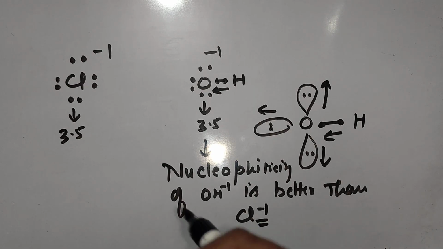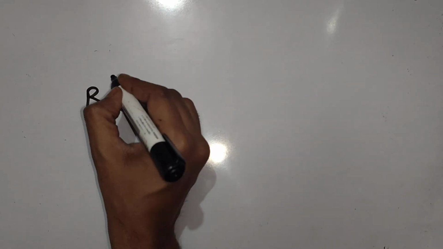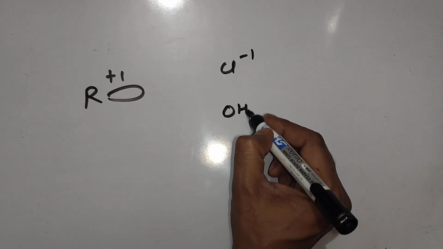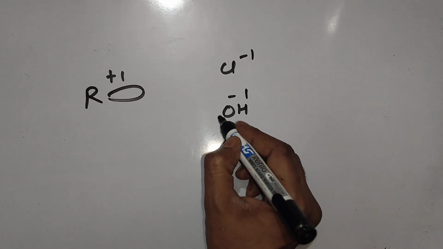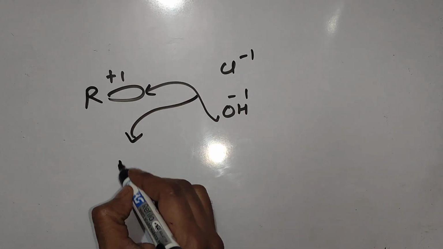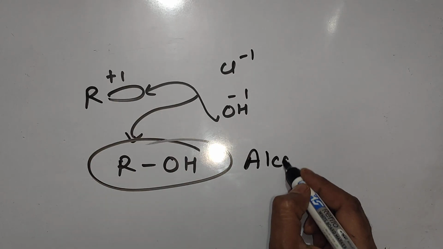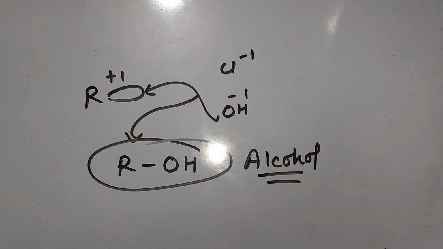Nucleophilicity means the power to donate a lone pair. That's it. R positive is there waiting for electrons. Out of Cl negative and OH negative, who is going to provide the electrons? OH negative. It will combine, and what will be generated? ROH, alcohol. That's it. This is the mechanism we have.